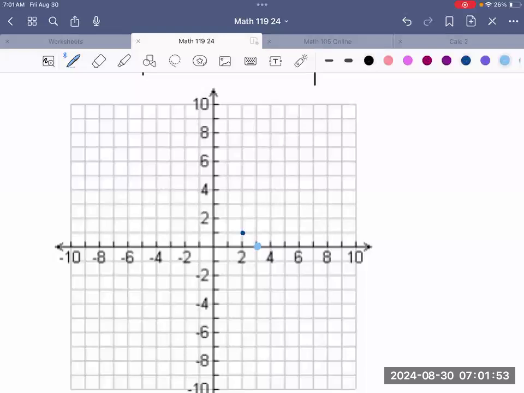Now keep in mind your graph is perfectly symmetrical, correct? It's mirrored. That just means what happens on one side of the graph happens directly on the other side. So directly to the other side of your vertex, we should have the point (4, 1).